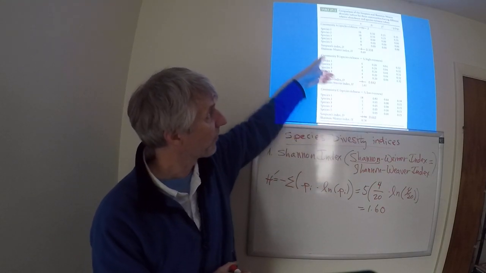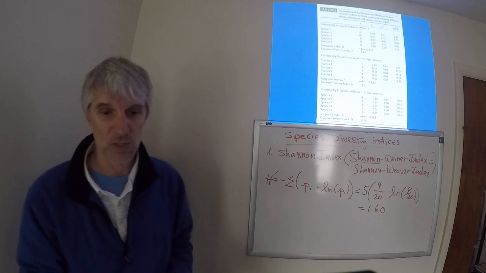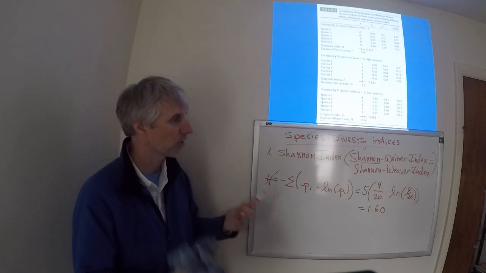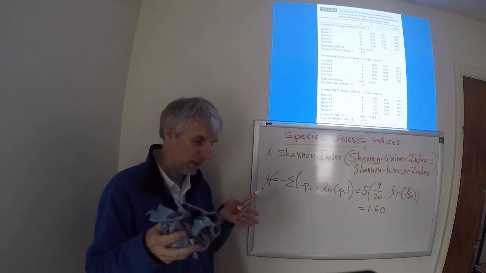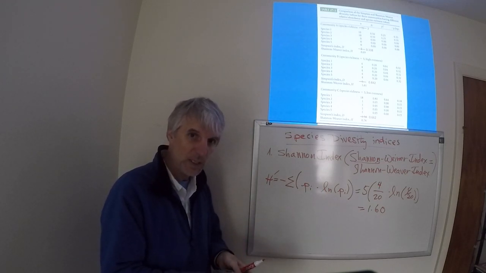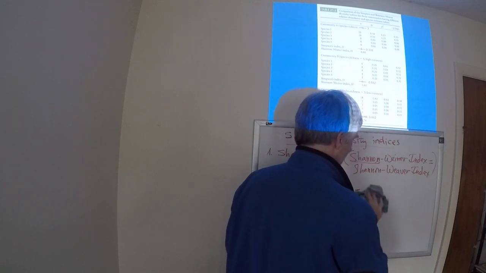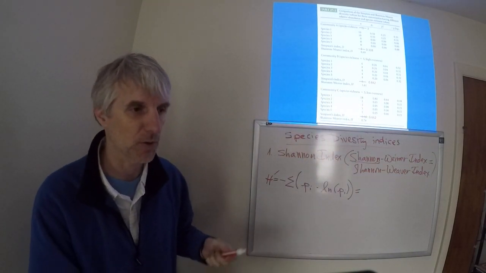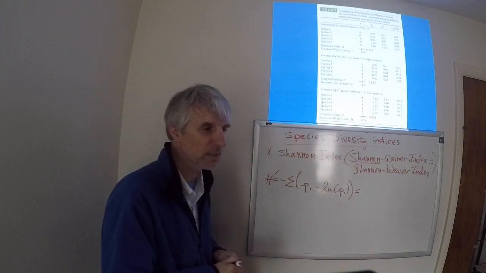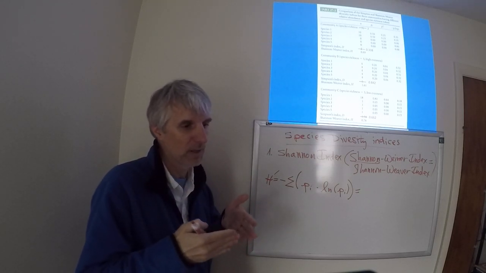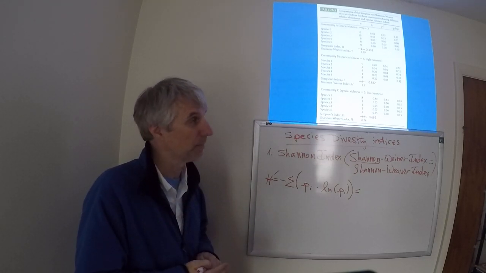So the difference between these two communities is simply an increase in the number of species richness. With an increase in richness, you get a corresponding increase in species diversity if the abundances are kept the same.